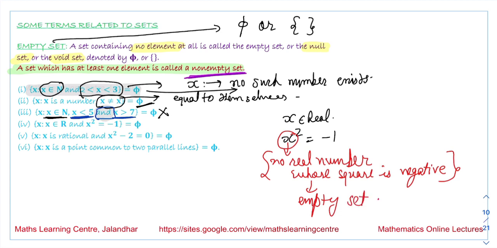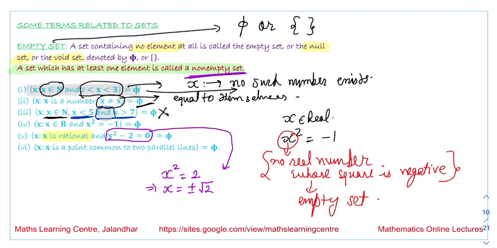Next is x such that x is rational. We want x to be a rational number, and x square minus 2 is equal to 0. So if we solve this equation, the answer you will get is x square is equal to 2. So this gives us x is equal to plus or minus square root of 2.